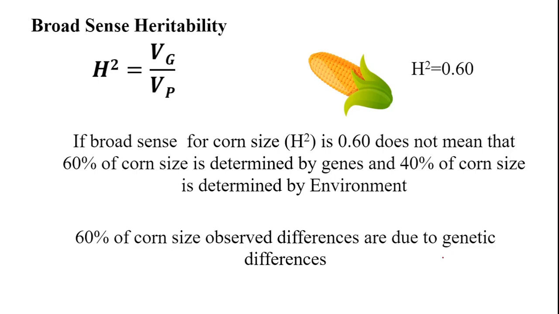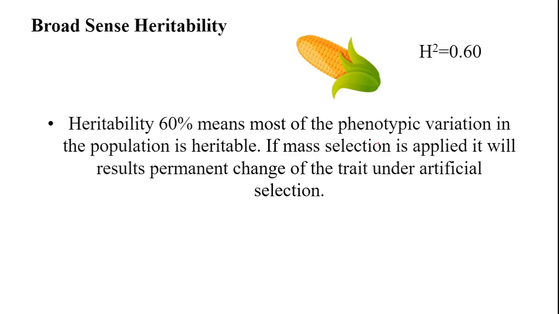That's the conclusion you need to give. That means if the value is 0.60, then 60% of the variation in corn size is observed due to genetic differences here.